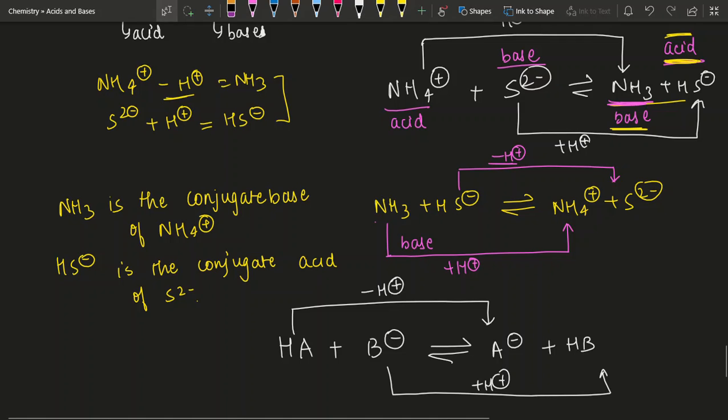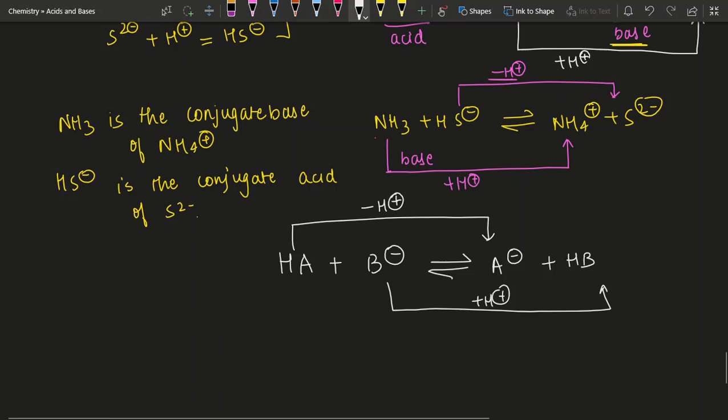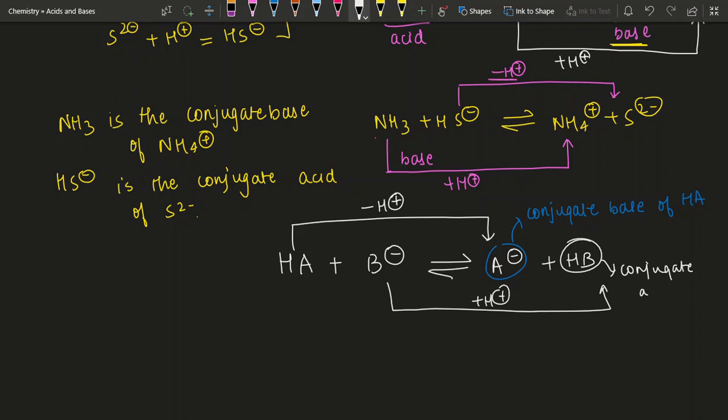And so in this case, A minus is the conjugate base of HA, and HB is the conjugate acid of B minus.